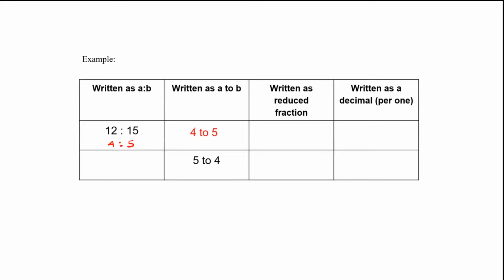And so we can write that as 4 to 5, express that as a fraction, and then express that as a decimal as well. We can also write the ratio in these various ways. Because the reduced fraction is still 5/4, it remains the same. And then as a decimal per 1, it becomes 1.25.